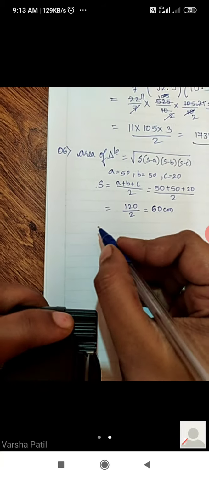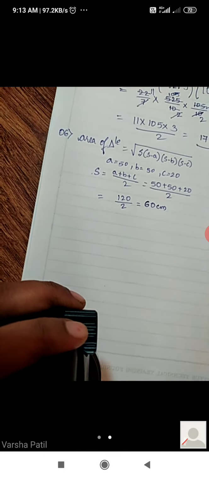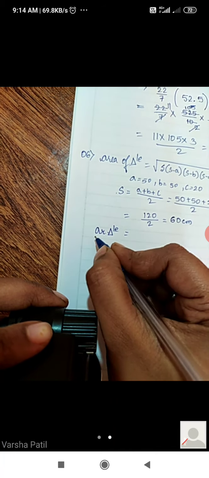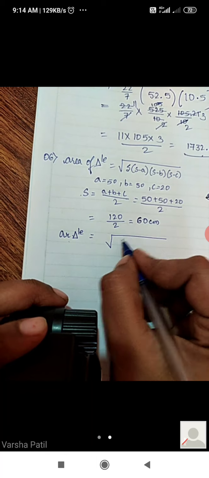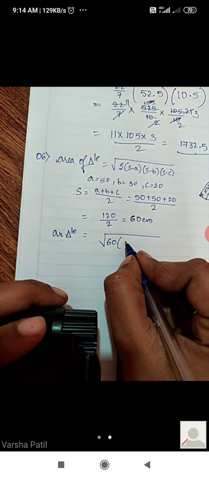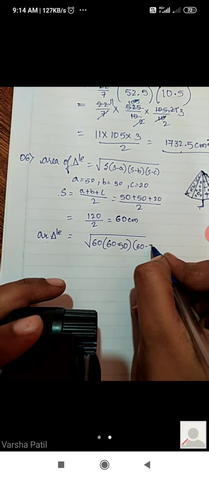Put it in the formula. If I am finding the area of the bubble triangle first, then in the formula it is 60 into (60 minus 50), 60 minus 50 once more, then 60 minus c, which is 20.